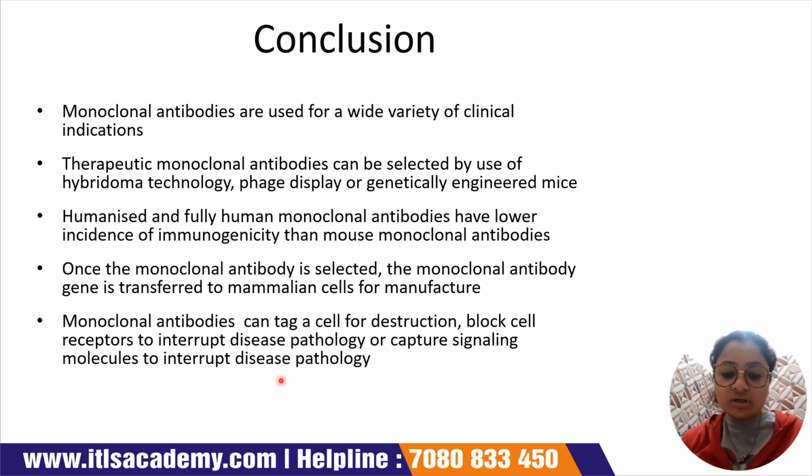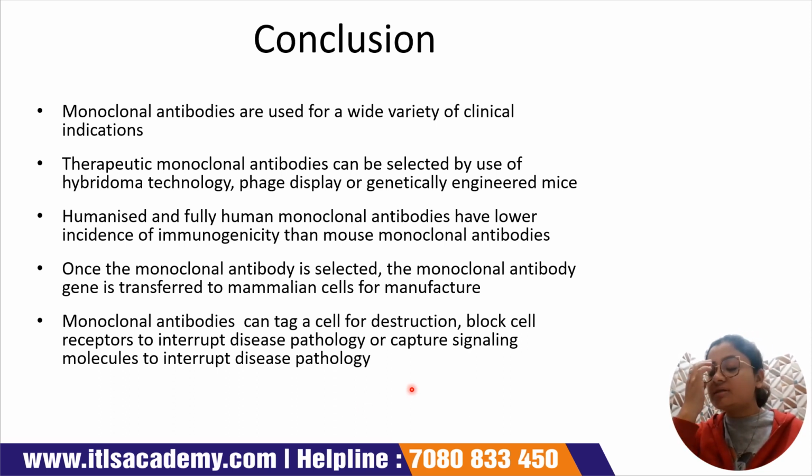So monoclonal antibodies can tag a cell for destruction, block cell receptors to interrupt disease pathology, or capture signaling molecules to interrupt disease pathology. These are the three major ways by which a monoclonal antibody can prevent, treat or manage a particular pathological condition or disease. First, it can tag a cell for destruction.